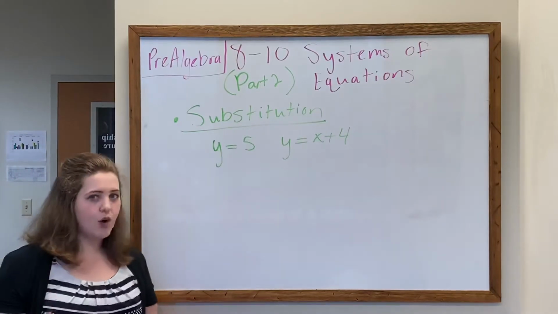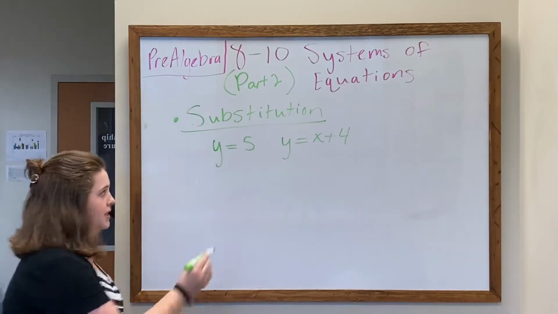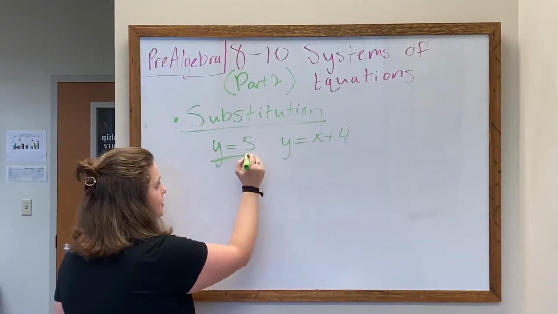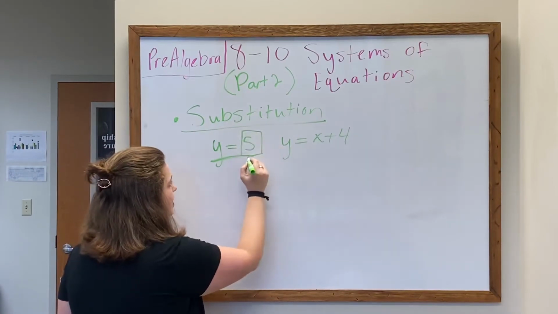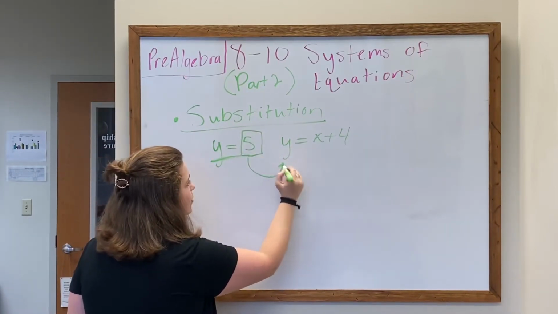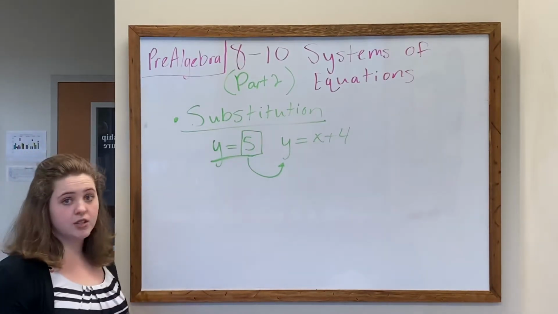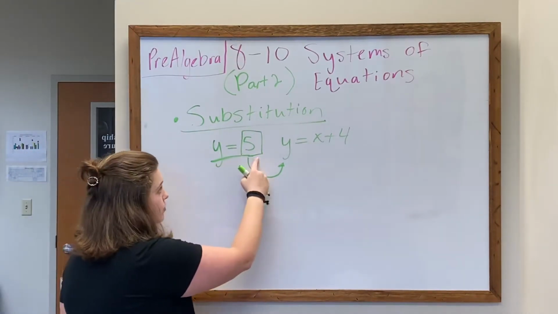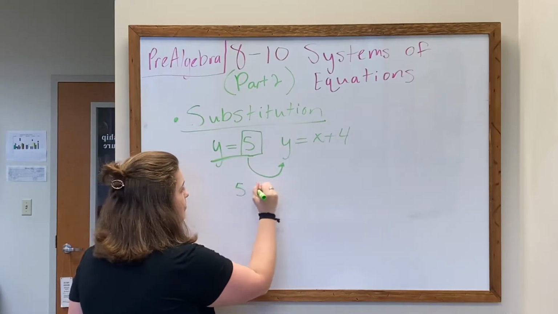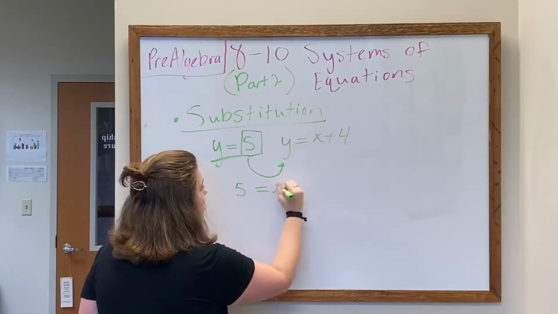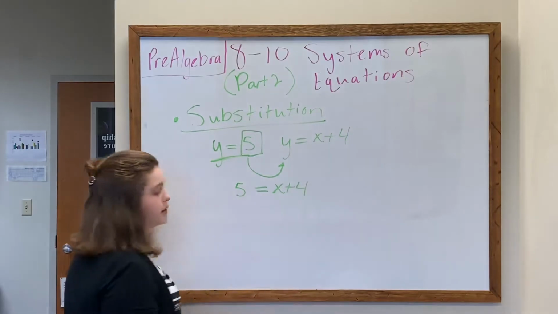If I know what y equals, then I can take this 5 and substitute it in for y in this equation. So when y equals 5, then 5 equals x plus 4, right?